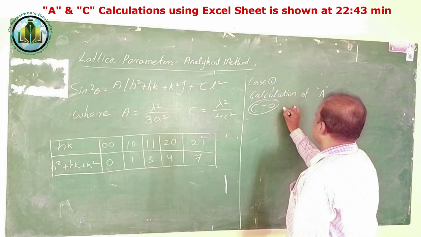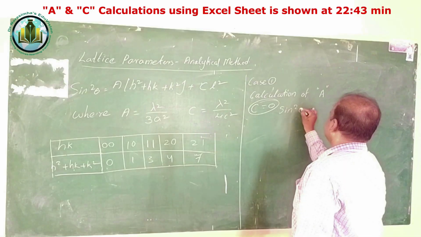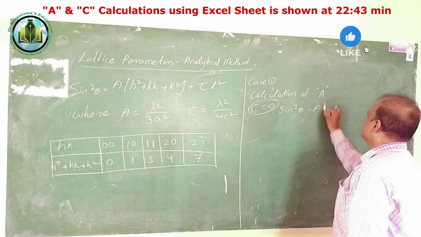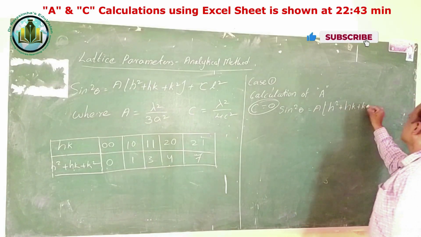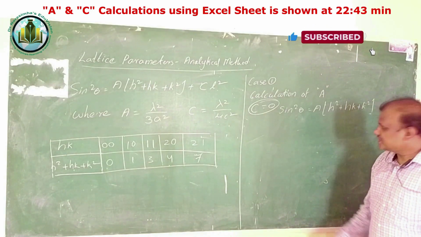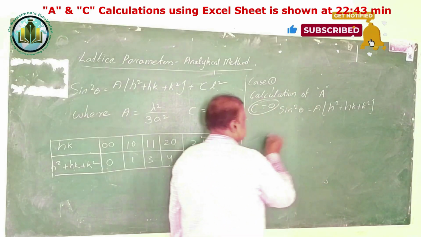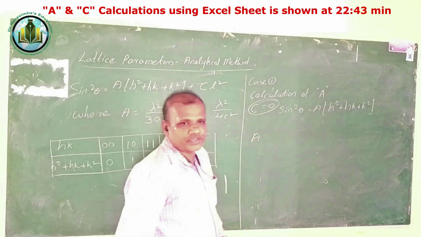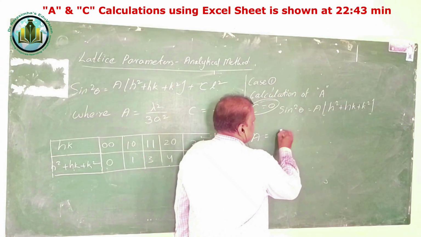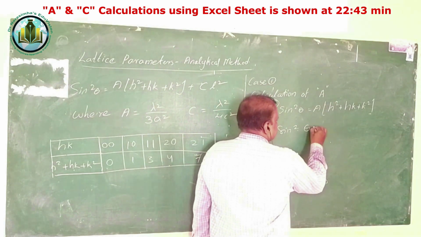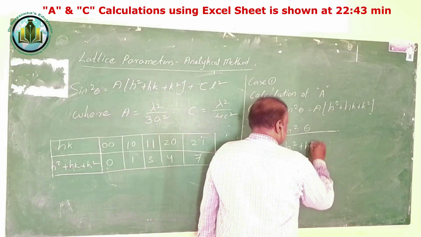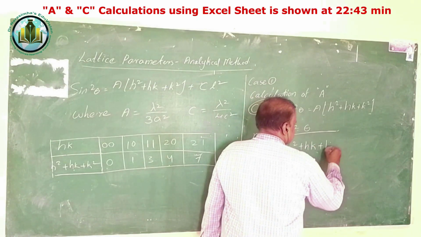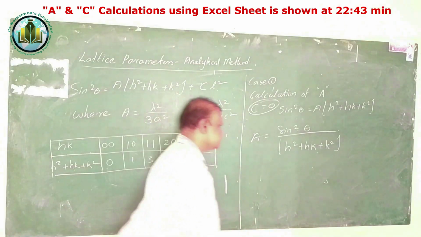Therefore, this equation becomes sin square theta equals capital A into H square plus HK plus K square. Then capital A value equals sin square theta divided by H square plus HK plus K square.